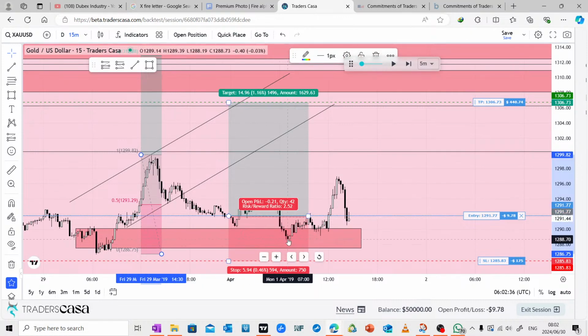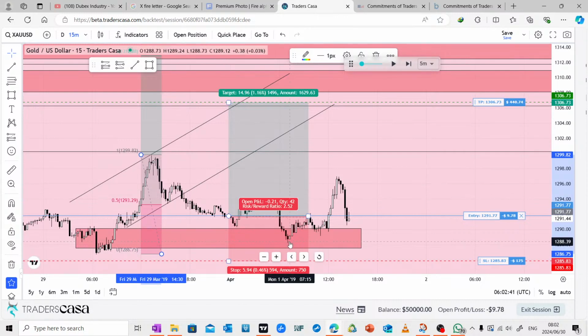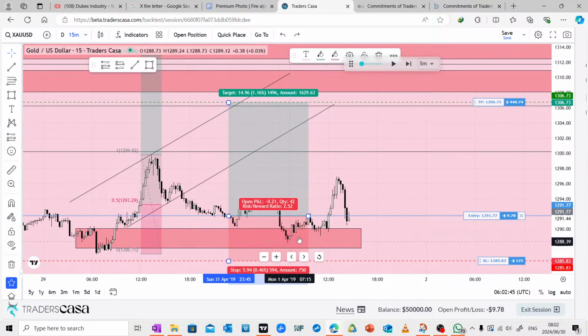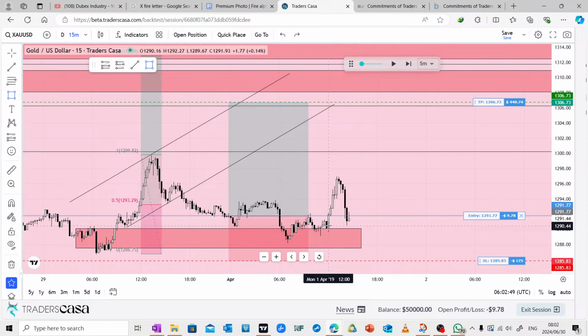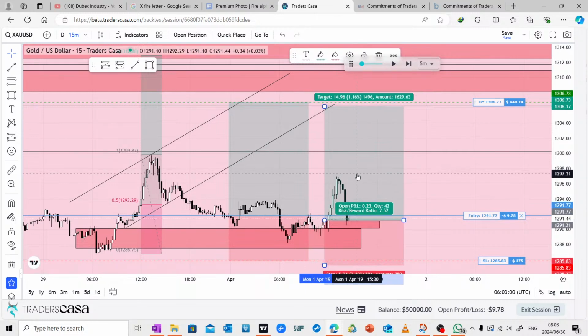So it dipped further into discount. Now we can say this is a head, shoulder, head, shoulder. So now look at the retracement right here into that order block. I'll buy that. So I'll place another buy right there.